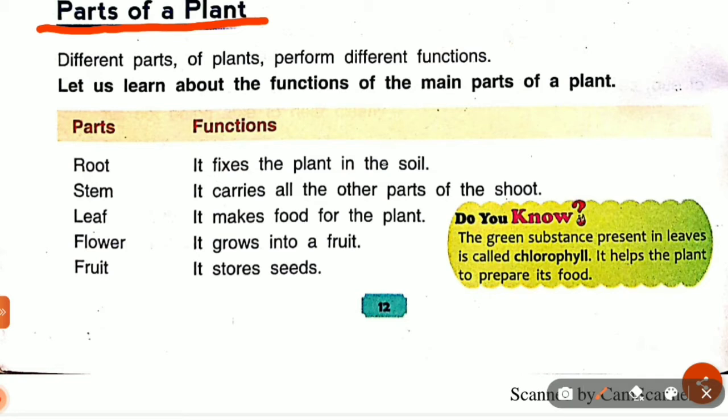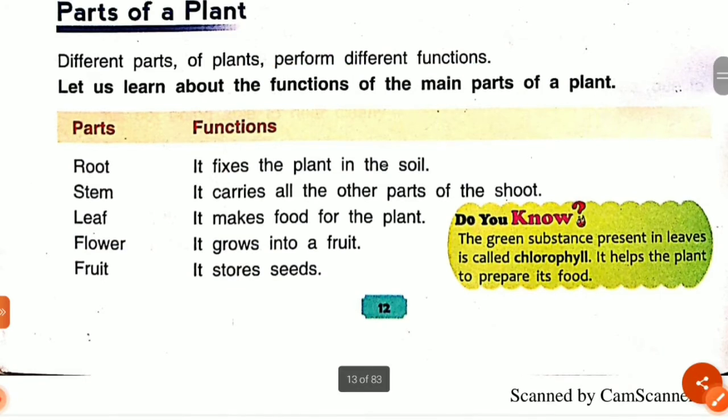The same way we are going to take a plant and see what parts the plant has. Different parts of plants perform different functions. Like as humans we have eyes, ears, and everything does a different function, right? In the same way, a plant also has different parts and every part performs a different function.